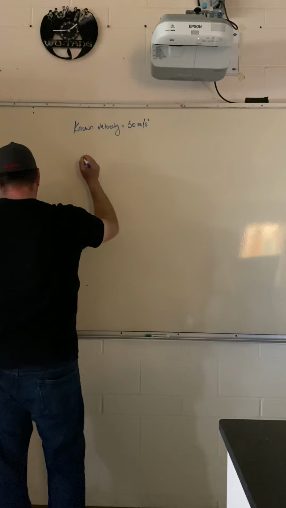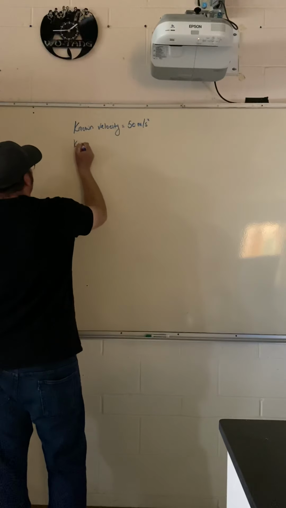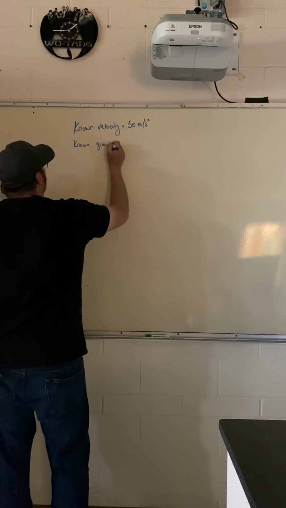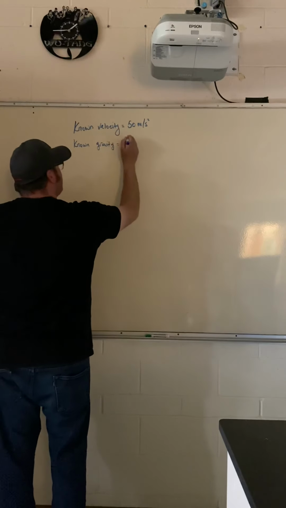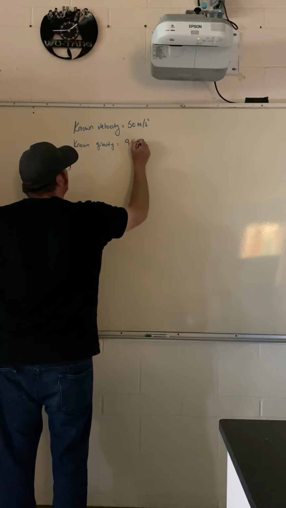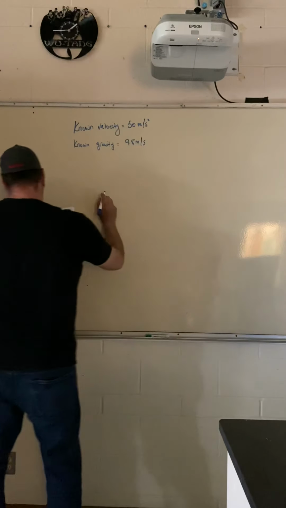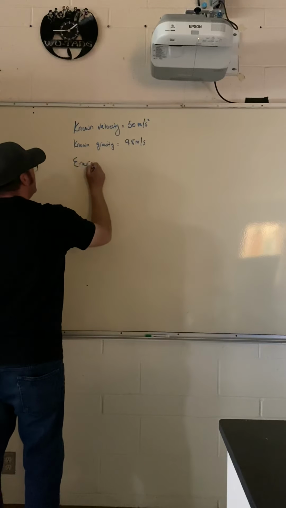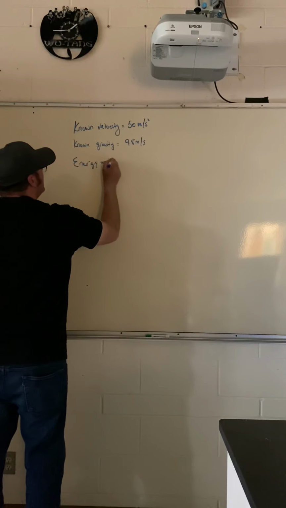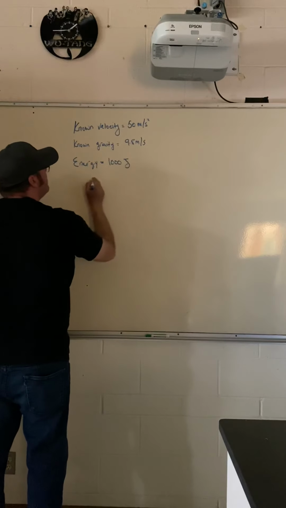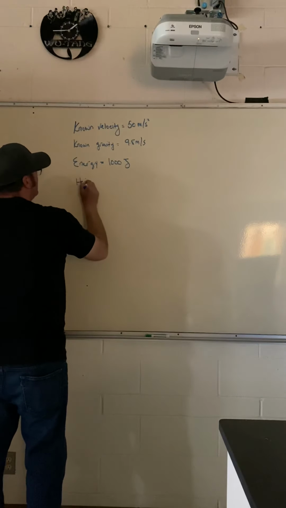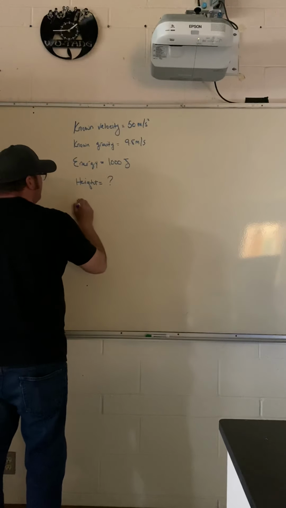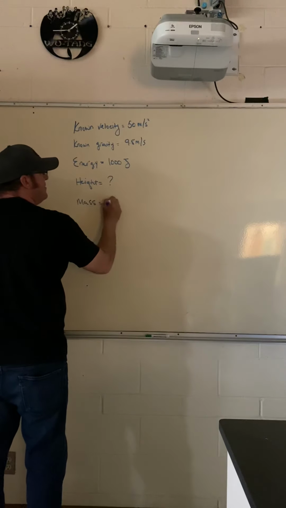Known gravity is 9.8 meters per second squared, like usual. And we know our energy, but we don't know height, and we don't know mass.